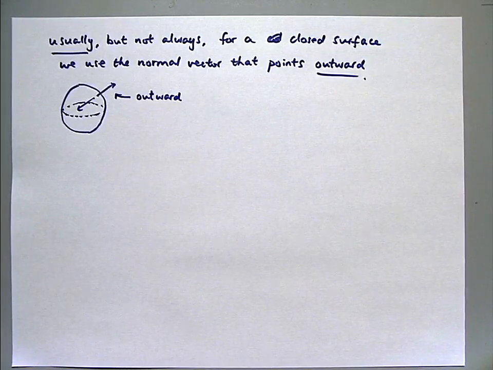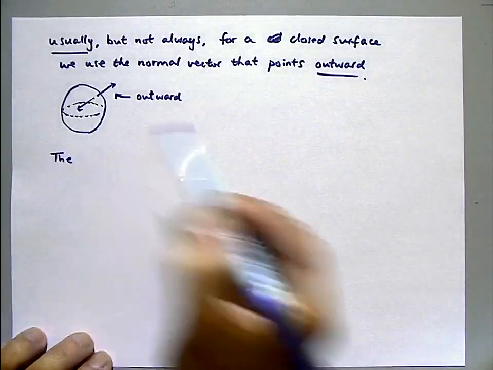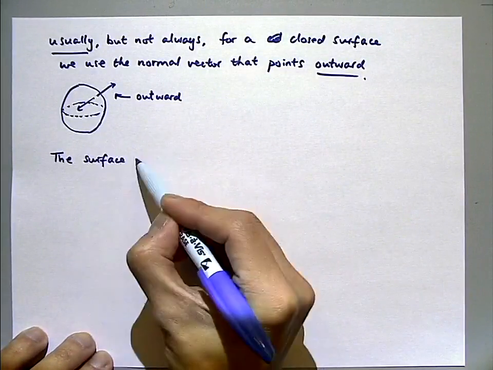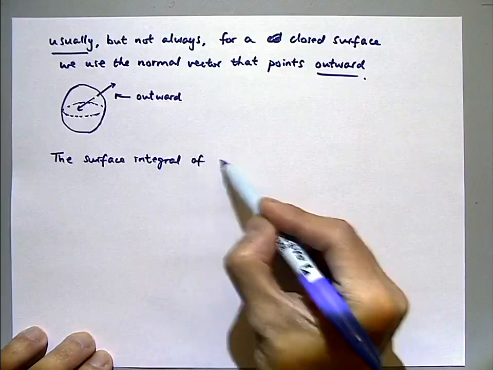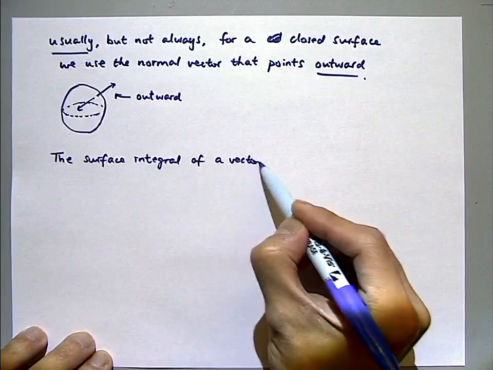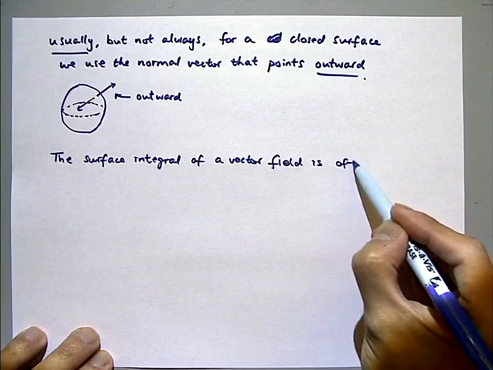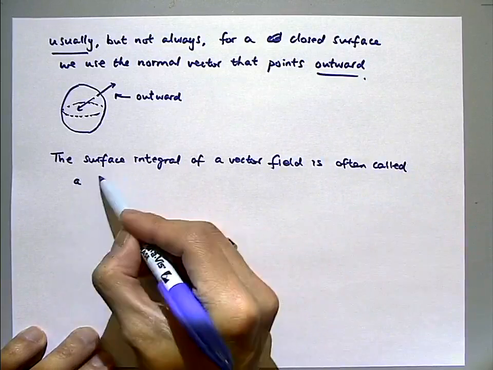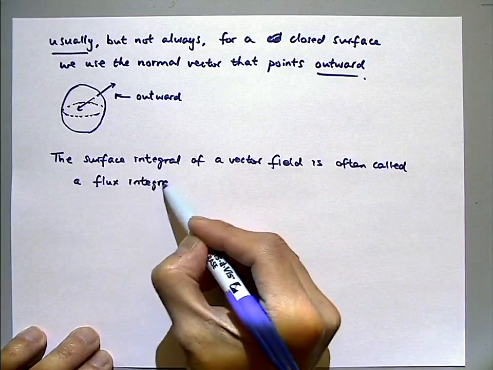Now let's talk about what it means to integrate over a vector field. The surface integral of a vector field is often called a flux integral.